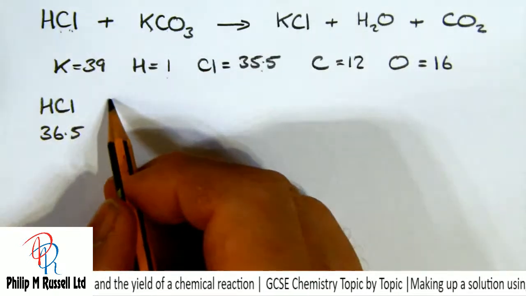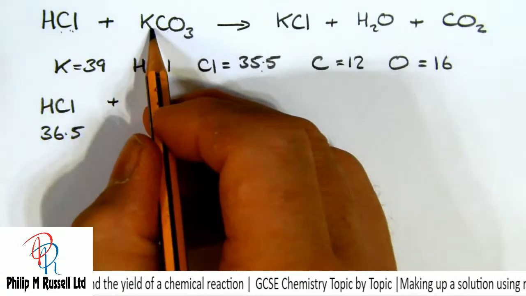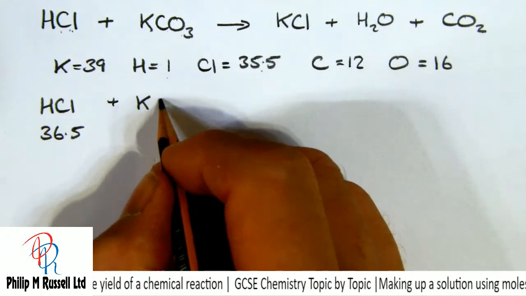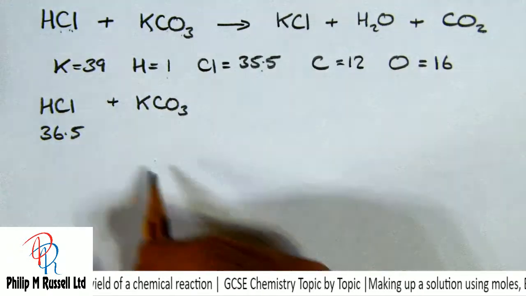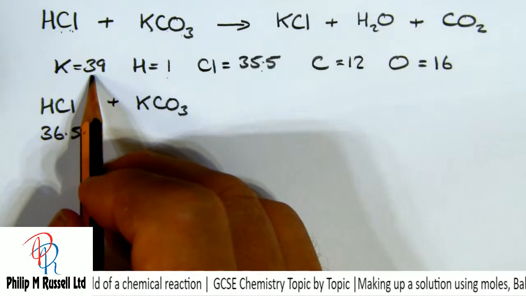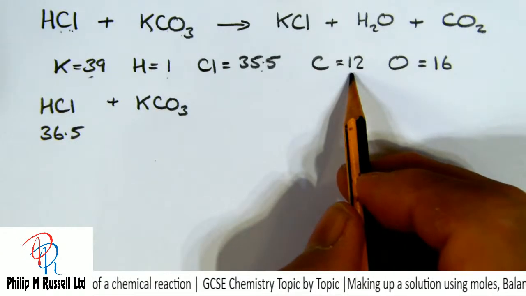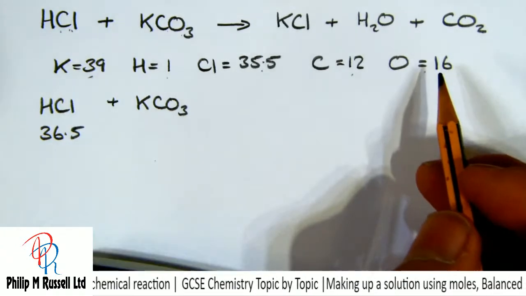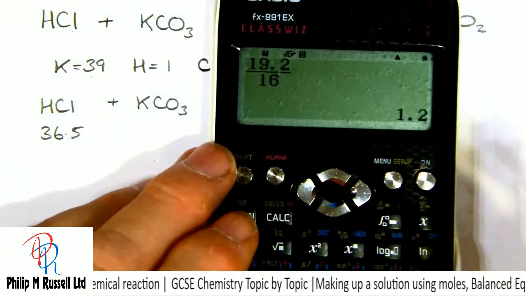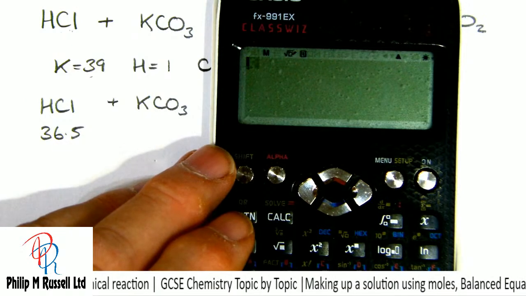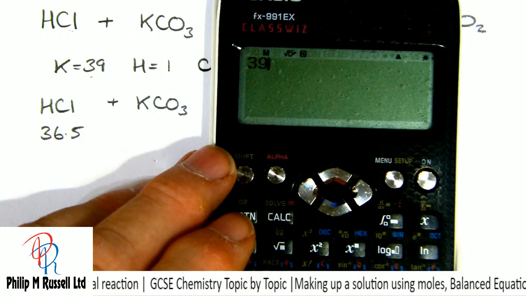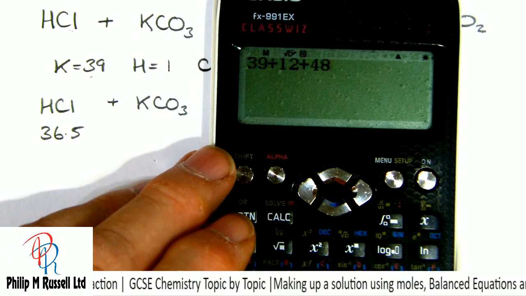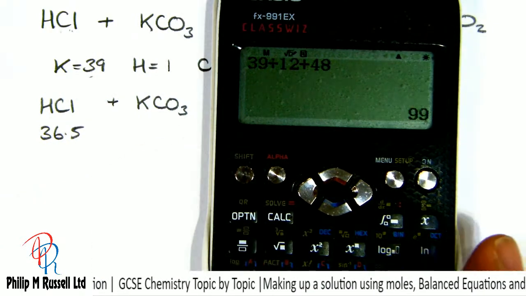My potassium carbonate, KCO3, is going to give me 39 plus 12 plus 3 lots of 16. 39 plus 12 plus 48 is going to give me 99.